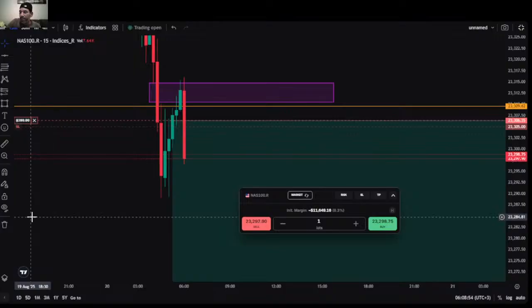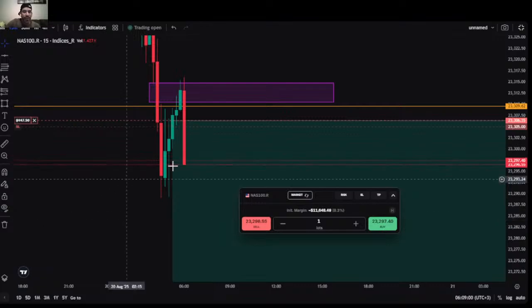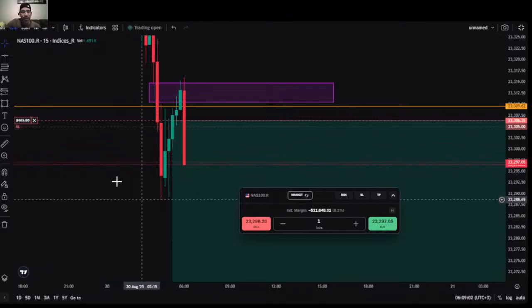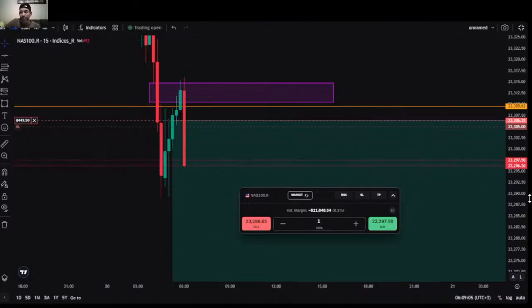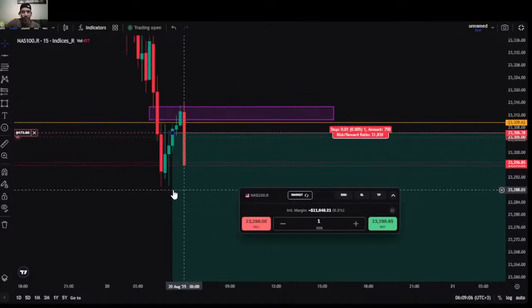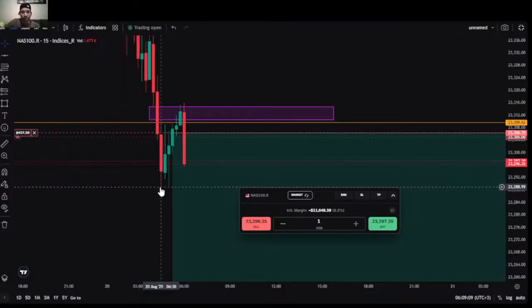How much was that partial? Yeah, I made $377 on that partial, and now we're running here. If we sweep this low here, these wicks right around here, I'll take another partial and then hold a small risk-free runner, and I'll call it a night.